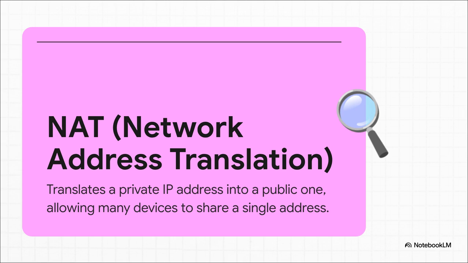Those are like your private internal IP addresses at home. But to the outside world, the entire company just has one main phone number. That's your single public IP address. NAT is that receptionist. It's the one who keeps track of all the internal calls and connects them to that one main number, which lets all your devices, your phone, your laptop, your TV, share one single public address.